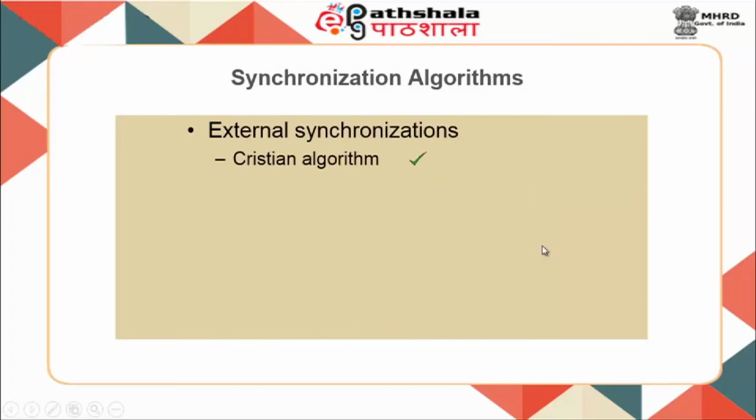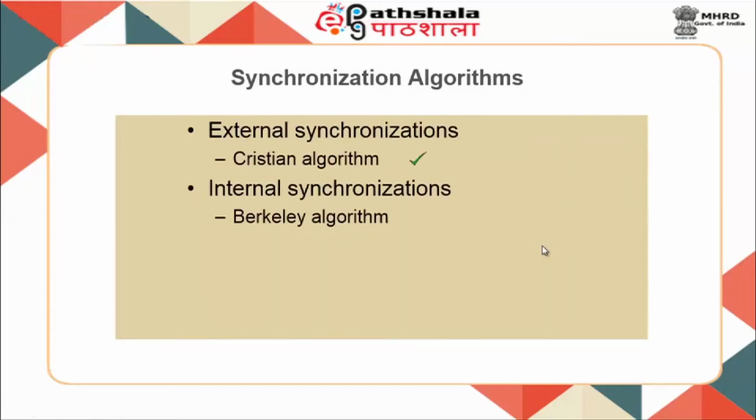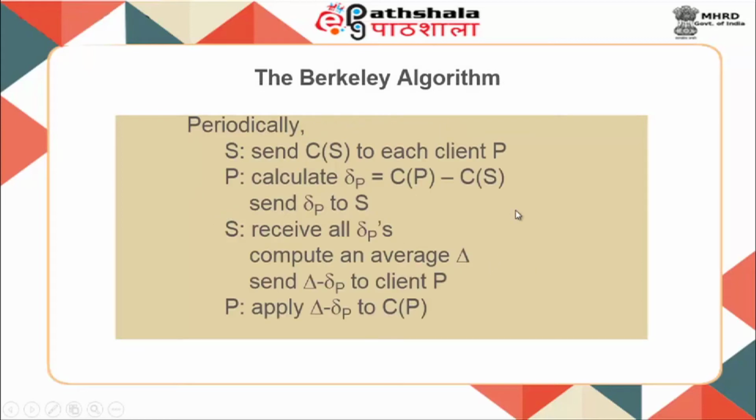Now we have seen Christian's algorithm, and next we will look at an internal synchronization algorithm, which is the Berkeley algorithm. Periodically, the time server sends its time to each client.